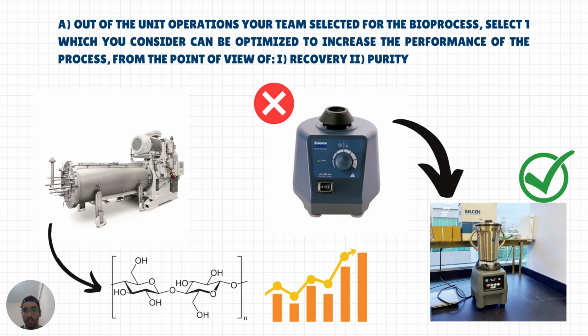To upgrade these results of purity or even recovery, a blender could have been used in the laboratory, which would have lysed most of the sample, and more beta glucans would have been obtained for the extraction, or increasing the duration time of the bead milling.